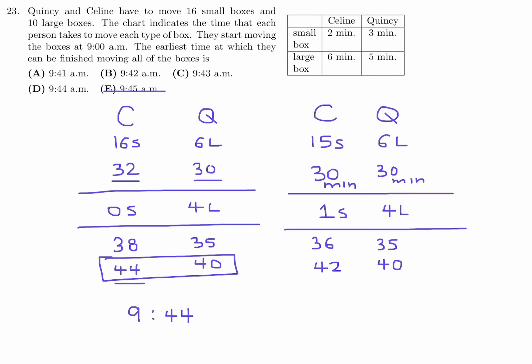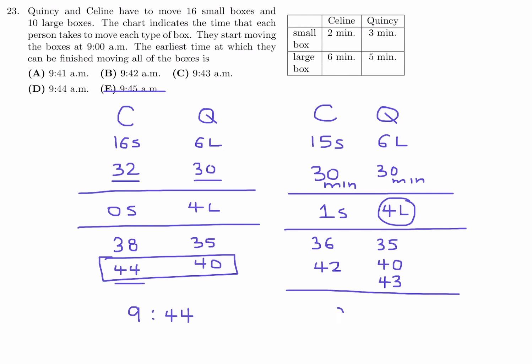Now we're not done yet. We still have 1 small box. I'm going to give that to Quincy. How many minutes does it take Quincy to move 1 small box? 3 minutes. So I've got to add 3 minutes. And that's when everything is complete.